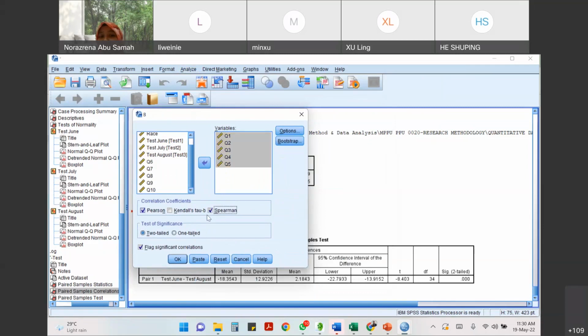It's easy, it's all here. If it is interval or ratio and normal, then it is Pearson. If it is interval, ratio but not normal, it is Spearman. If it is ordinal and nominal, then it is Spearman here. That's all. Flag significant correlation will help you.